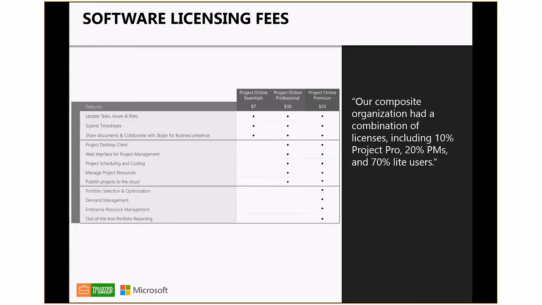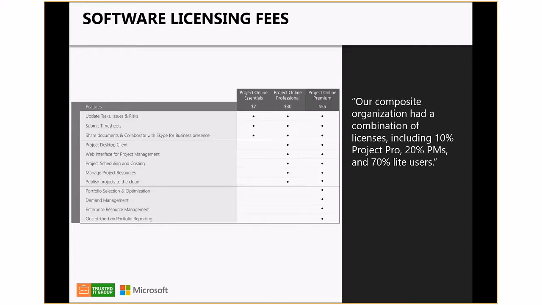So the Forrester TEI report said that their composite organization had a combination of licenses, including 10% Project Pro, 20% PMs, but that 20% is Project Online license, and 70% light users. So there's two important things that we should talk about. The first thing is, notice how the largest percentage is the light users.